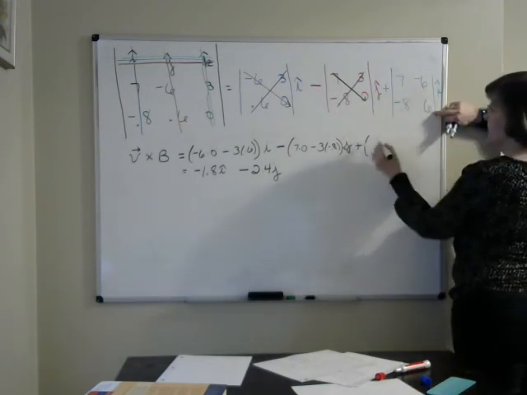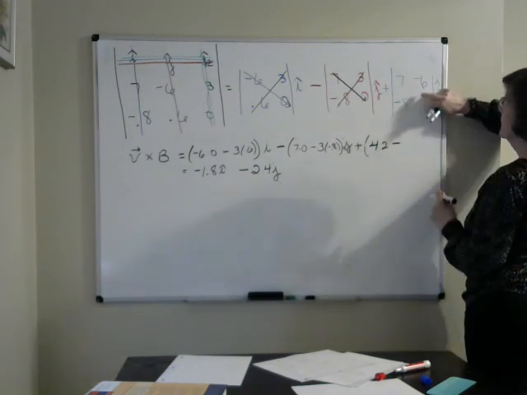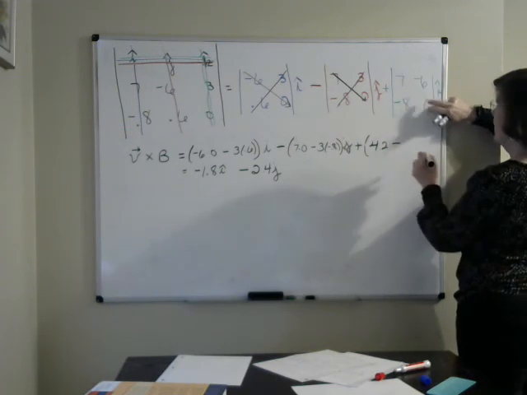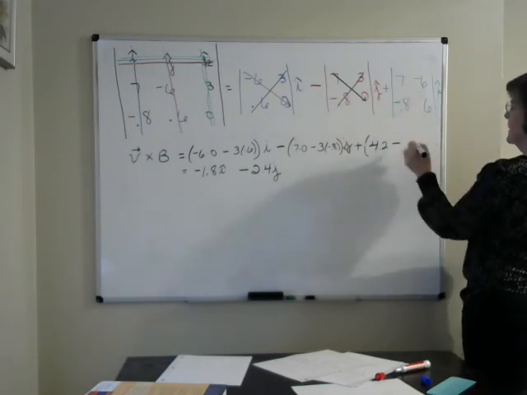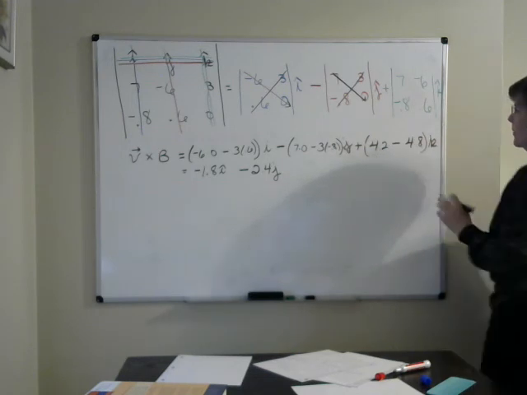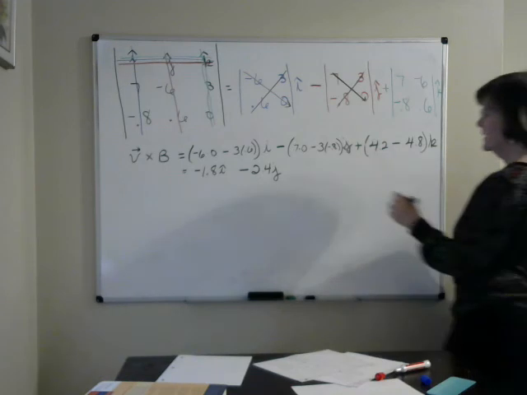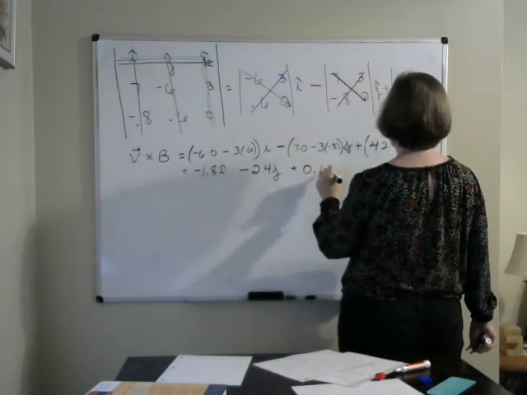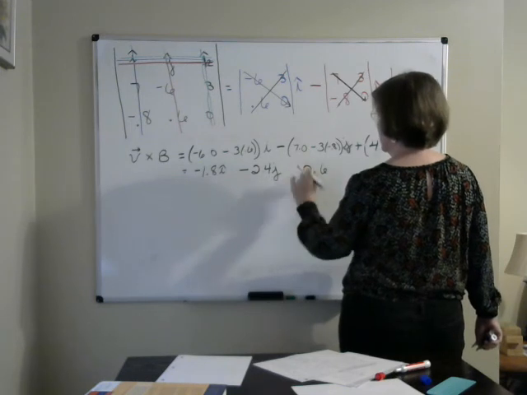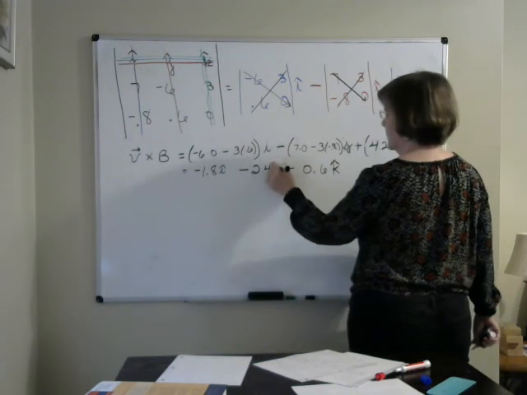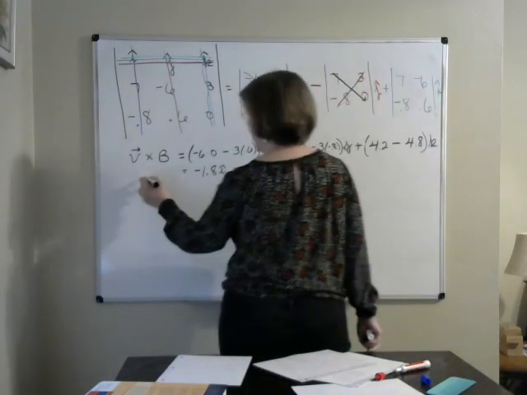Well, 7 times 0.6 is 4.2 minus negative 0.8, negative 6. That's going to be positive, minus times a minus, 4.8k. 4.2 minus 4.8 is 0.6, oh, it's negative 0.6 k. Those are those unit vectors. So there we are.